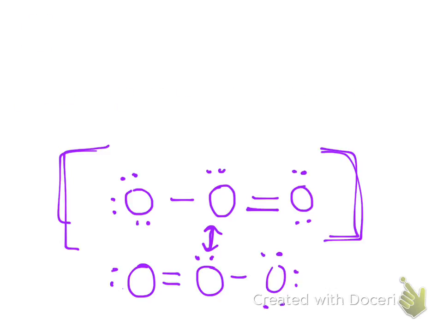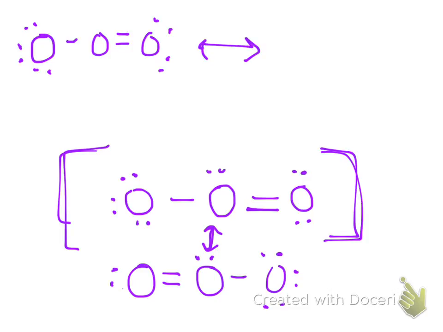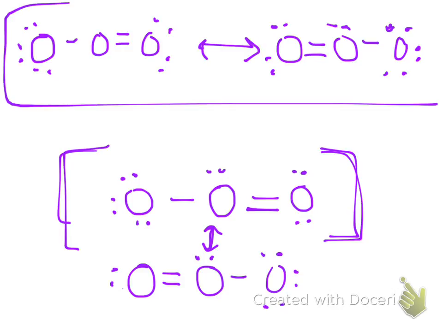So a true resonant structure for this should look like this, and then a double-headed arrow, and then the other molecule. Okay, that's really what it looks like. This is the resonance structure for ozone.